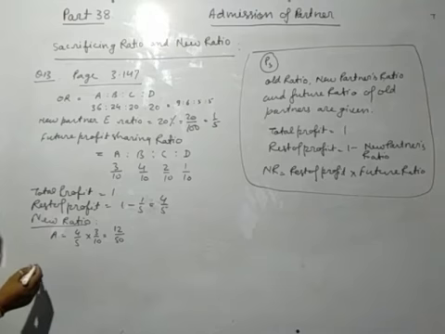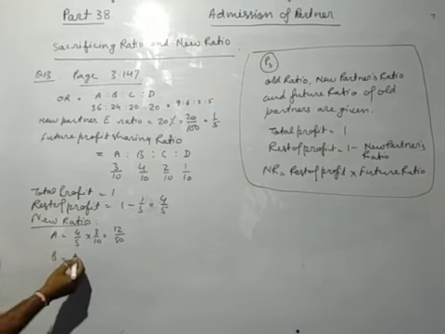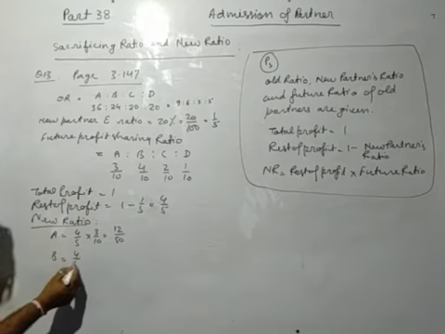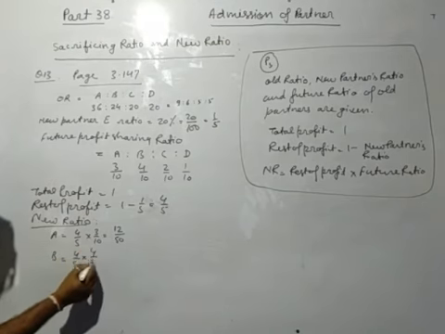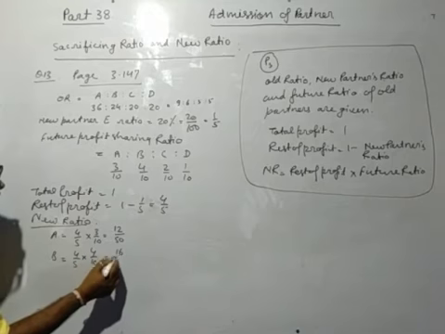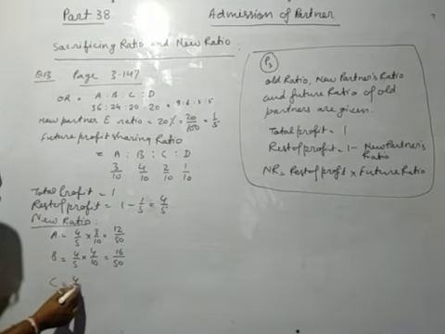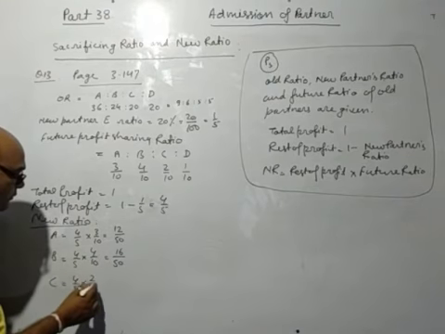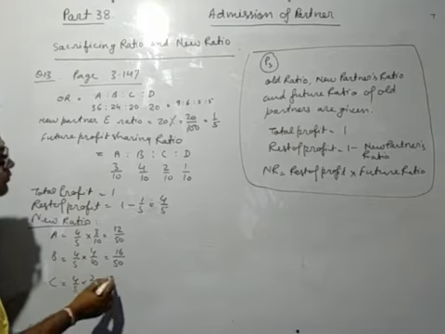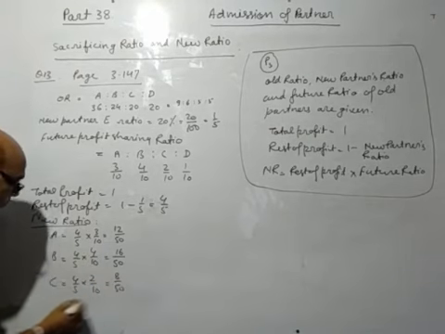And B: 4 by 5 into 4 by 10, 16 by 50. C: 4 by 5 into 2 by 10, 8 by 50.